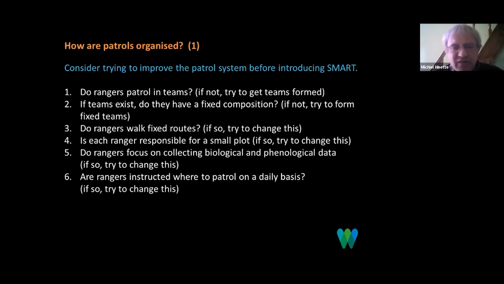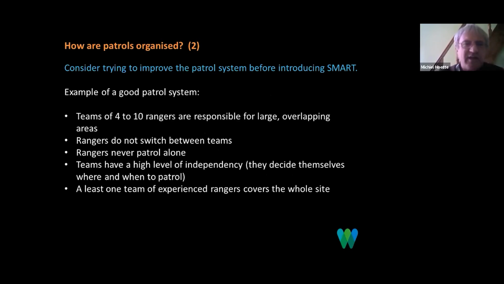And in those situations, very often they get strict instructions. They know exactly what they need to do on a daily basis. But this is not an optimal situation. In my experience with SMART, the most progress that you achieve in patrol quality is when protection is organized like this: there are teams and not individual rangers that are responsible for specific areas.